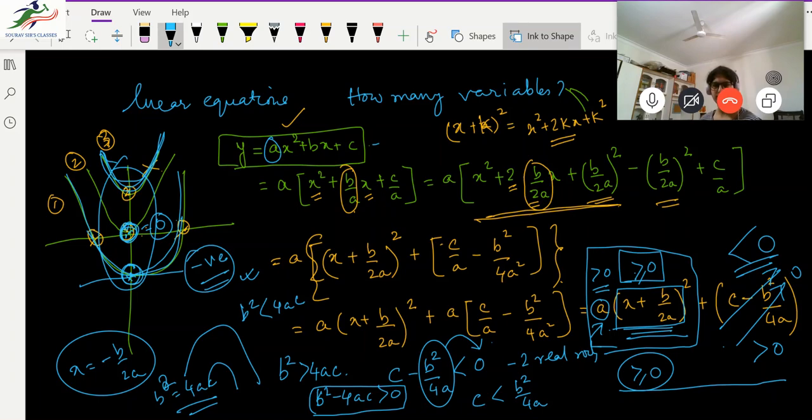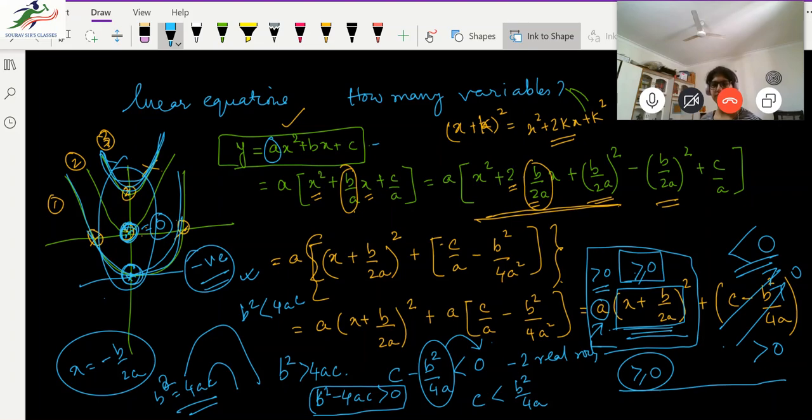So the logic is that for any curve to have real roots, it has to intersect the x-axis. And in order to intersect the x-axis, the minima has to lie below the x-axis, which means the minima has to be negative. This is the logic.